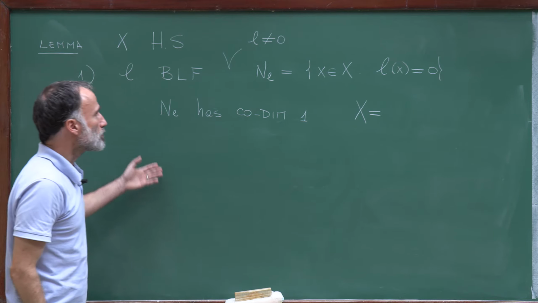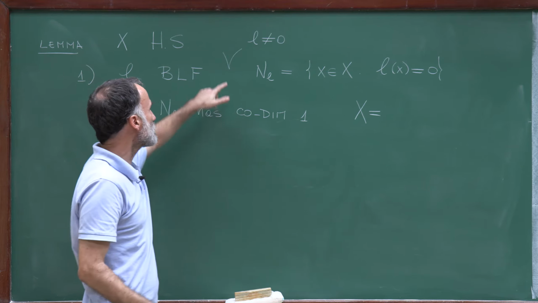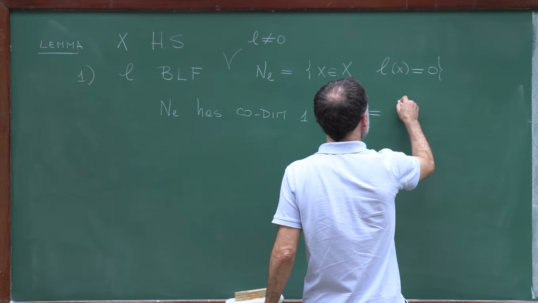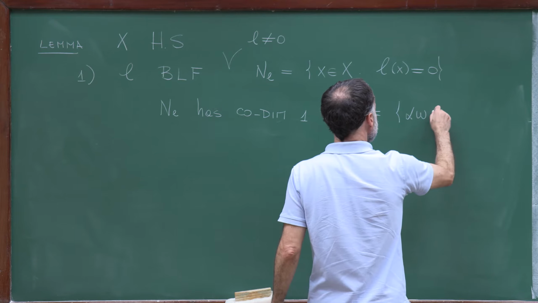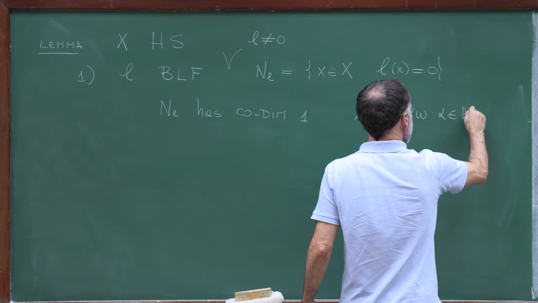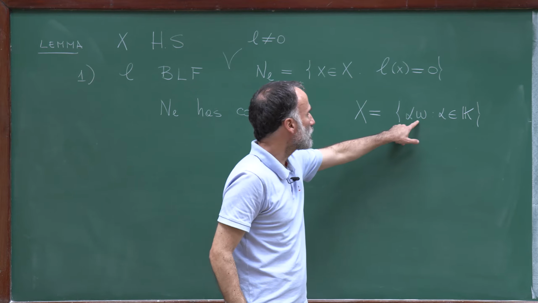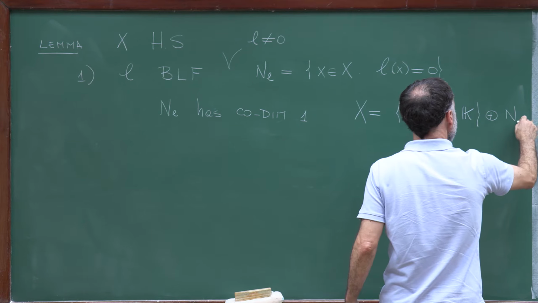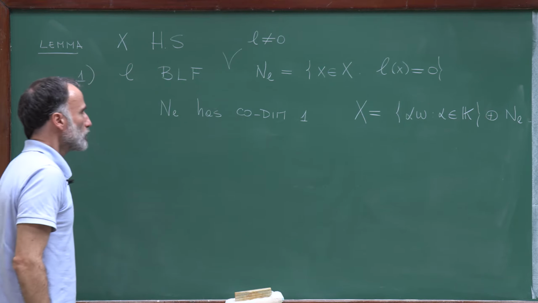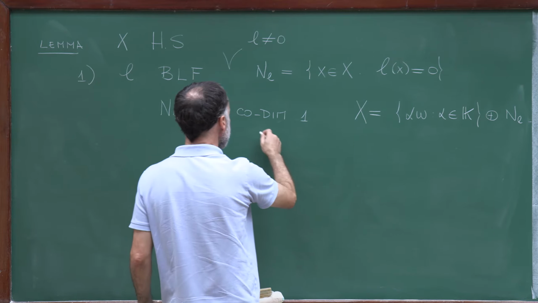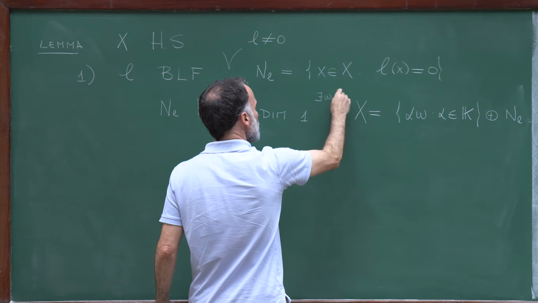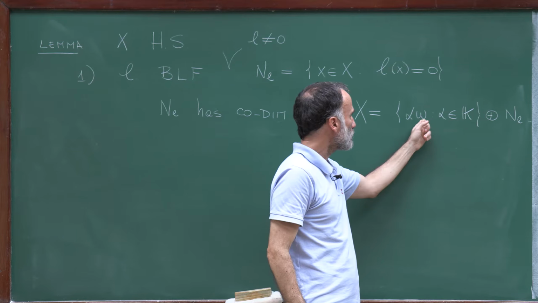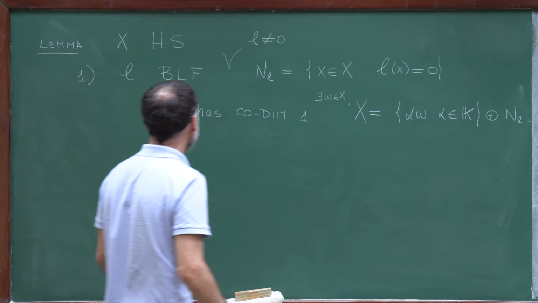Of course, if L is equal to 0, the null space is the whole space, so let's assume that L is different from 0, and what I claim is that X is equal to a space of dimension 1, the space generated by an element W, plus N_L. So N_L has codimension 1. This means that there exists W in X such that x can be written as a scalar multiplying W plus an element of N_L.